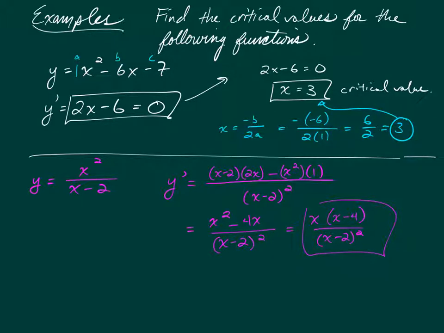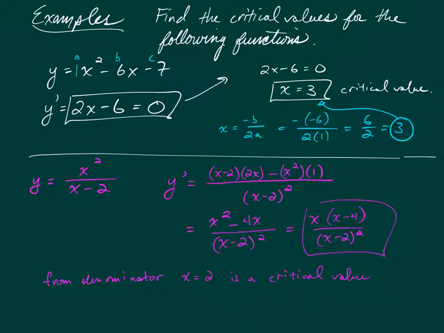And so now, since we have x's in the denominator, there is a chance that the derivative could be undefined somewhere. So we will have a critical value from the denominator. So let me write this. From the denominator, x equals 2 is a critical value.